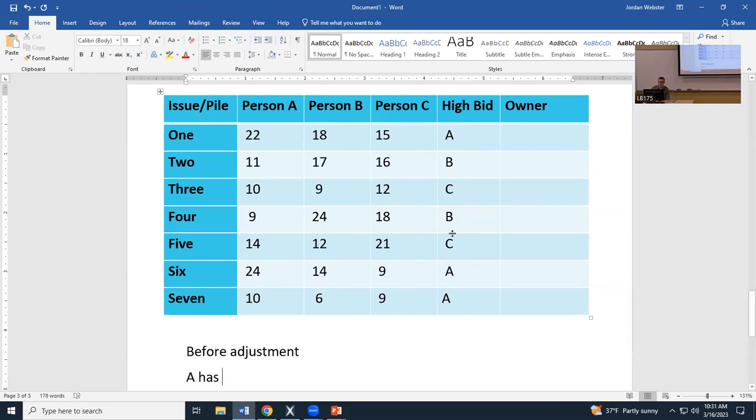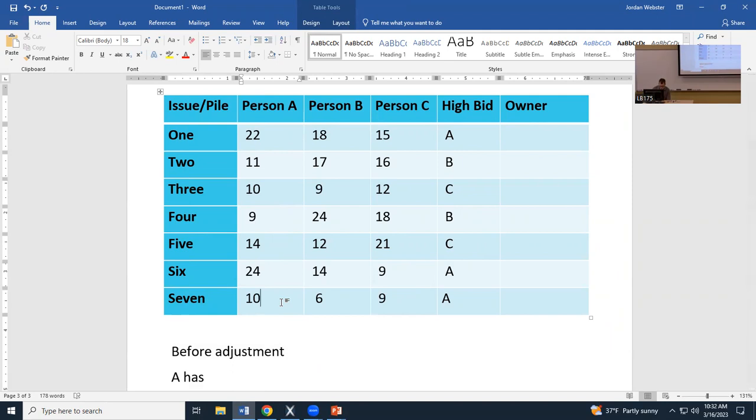Before the adjustment, it looks like A has 22 plus 24 plus 10. That's 56 points.